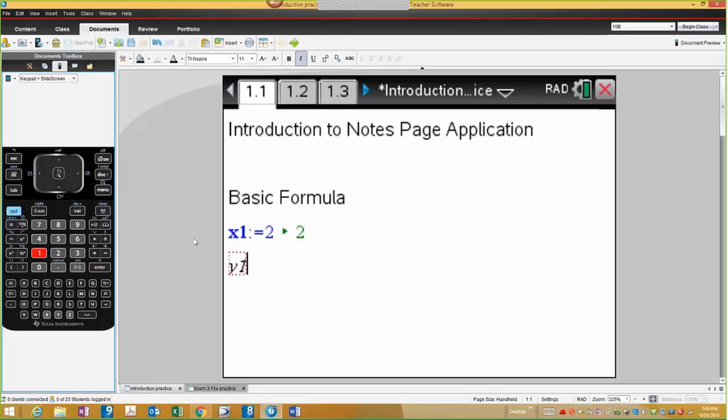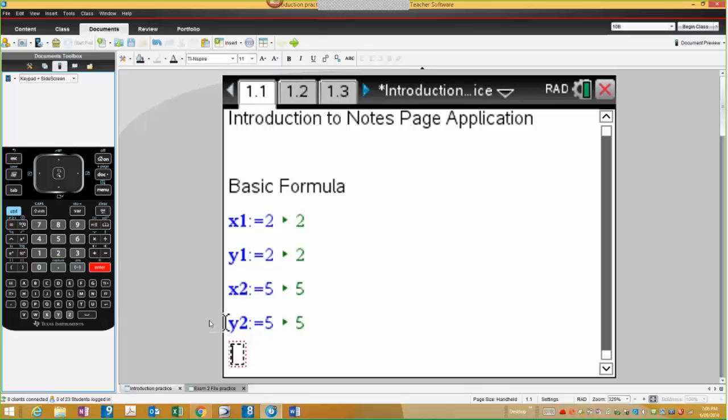So y1, 2, and then we'll go x2. We'll try 5, y2, 5. So at the moment, I've basically defined a pair of points.